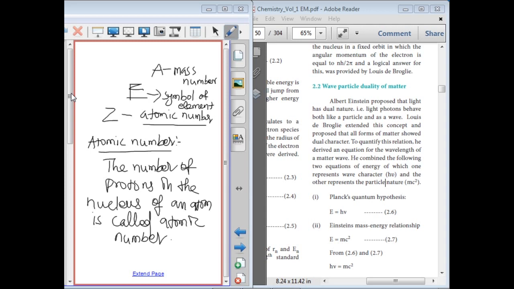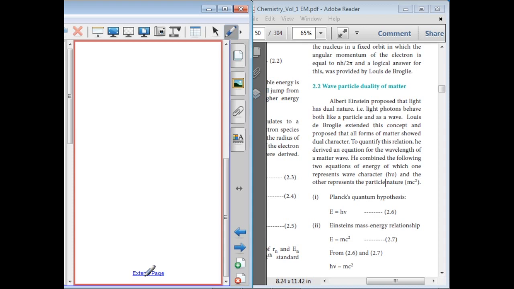So what is atomic number? The number of protons in the nucleus of an atom is called the atomic number. The symbol of atomic number is Z. The next one, what is mass number?